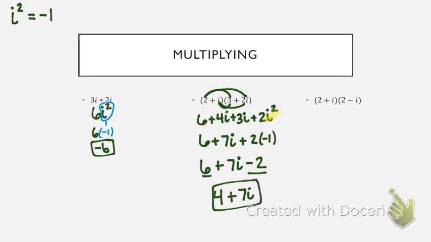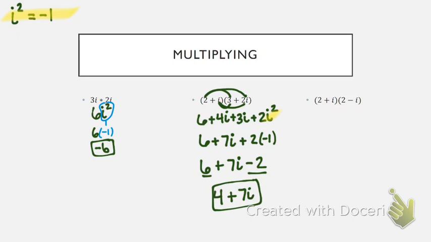So we took those two factors of 2 plus i and 3 plus 2i. We distributed it out, and we ended up with an answer of 4 plus 7i after we combined like terms. So the key with multiplying is everywhere you get an i squared, I don't care if it happened once or 20 times, every time you see i squared, we need to be replacing it with negative 1.